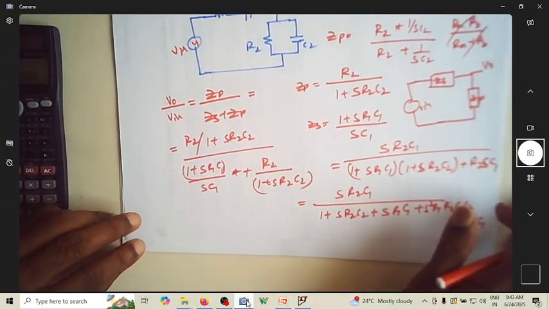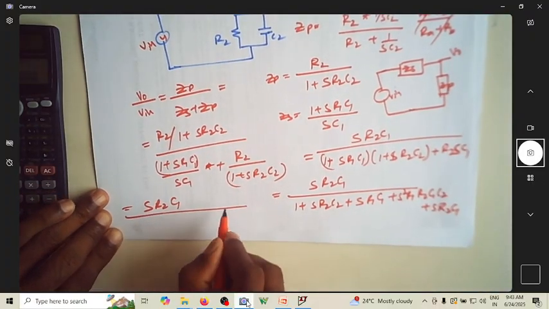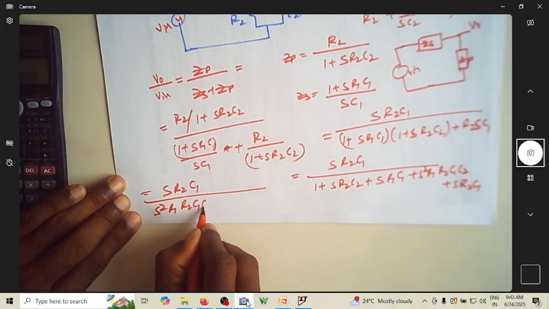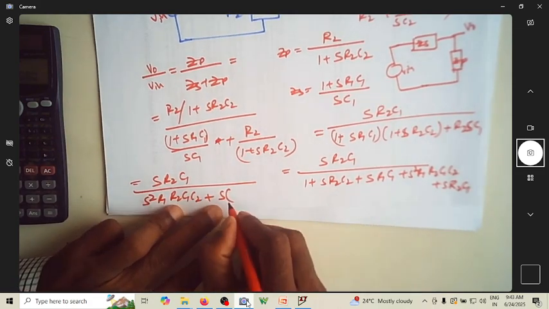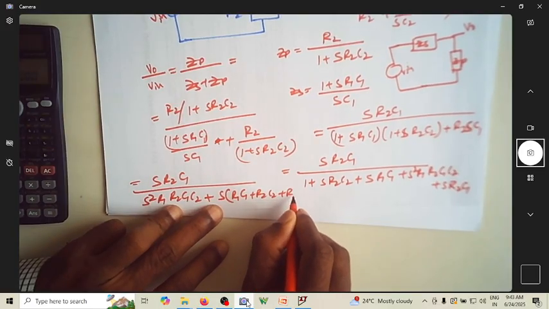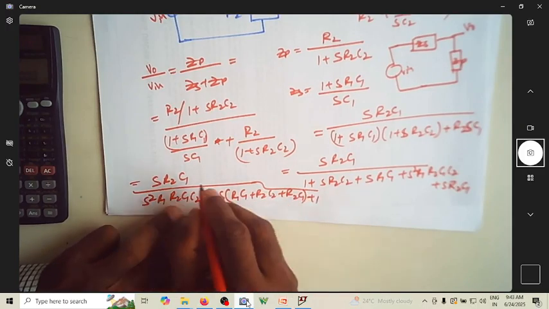So this ultimately reduces to S R2 C1 divided by S square R1 R2 C1 C2 plus S, taking S as common factor, it is R1 C1 plus R2 C2 plus R2 C1, plus 1. So this is the transfer function.